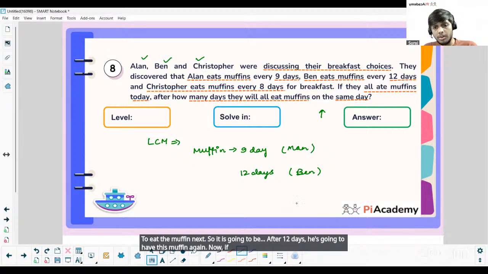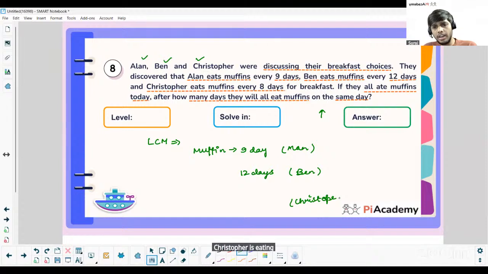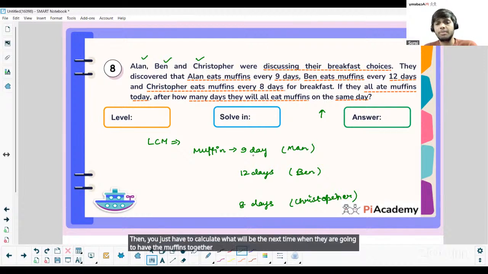Christopher is eating after 8 days. Then you just have to calculate the next time when they are going to have the muffins together. That means we just have to calculate the LCM of these 3 numbers, 9, 12, and 8.